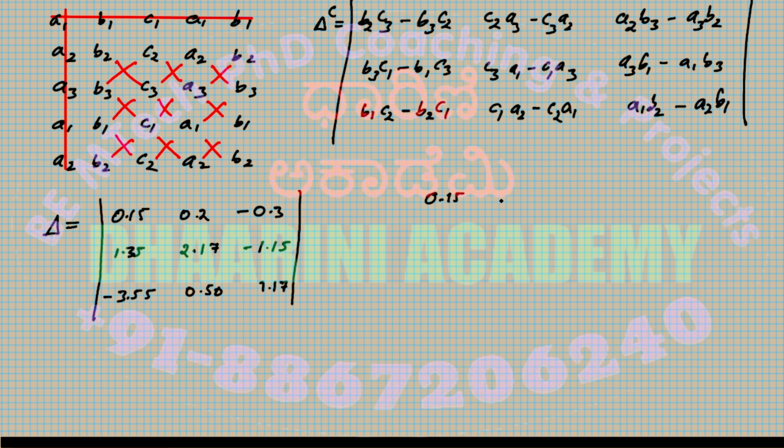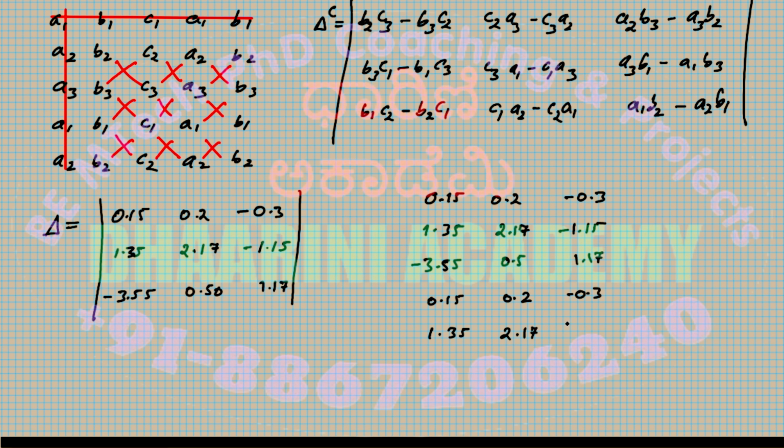So that is 0.15, 0.2, minus 0.3, 1.35, 2.17, minus 1.15, minus 3.55, 0.5, 1.17, 0.15, 0.2, minus 0.3, 1.35, 2.17, minus 1.15, then 0.5, 1.35, minus 3.55, 0.15, 1.35, 0.2, 2.17, 0.5, 0.2, 2.17.